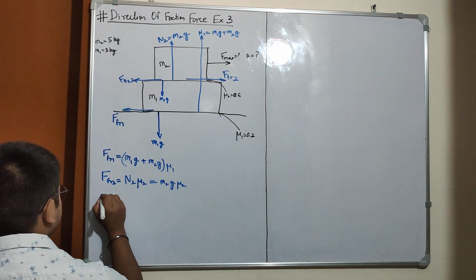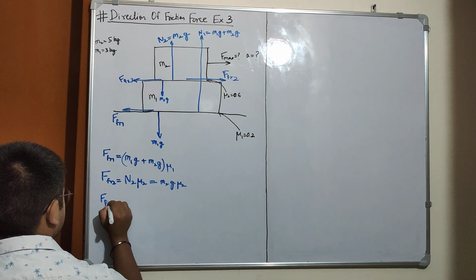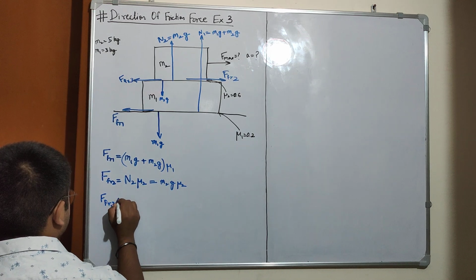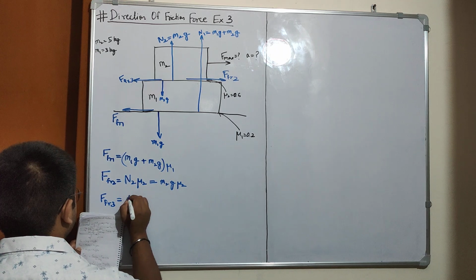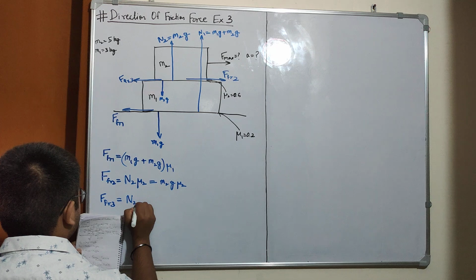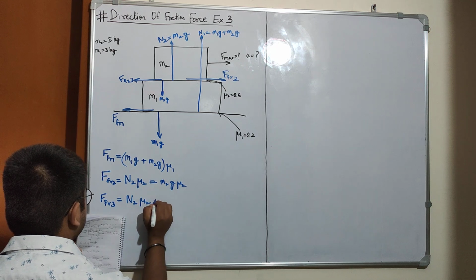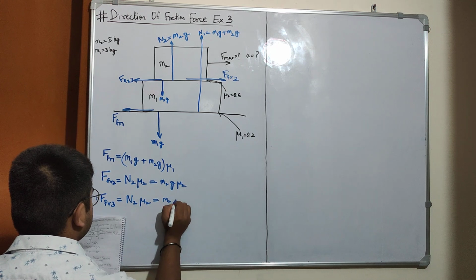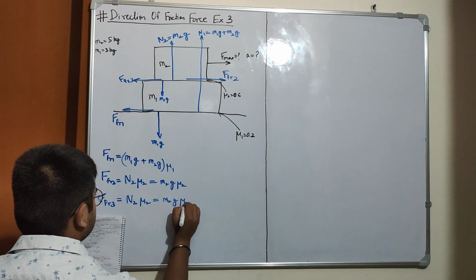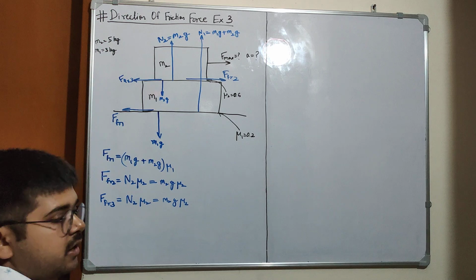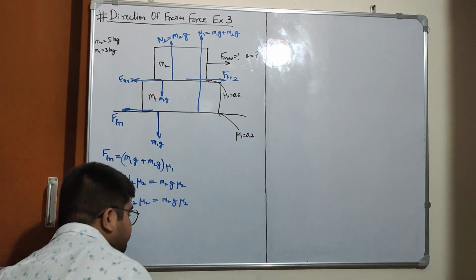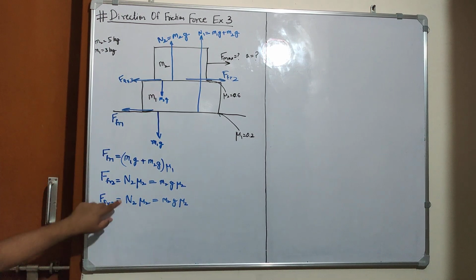Then friction 3 would again be N2 mu2, equal to M2G mu2. So we have found the expressions of all three friction forces as shown here.